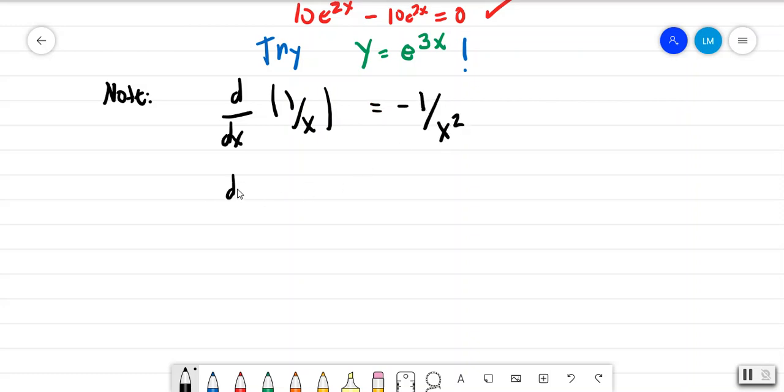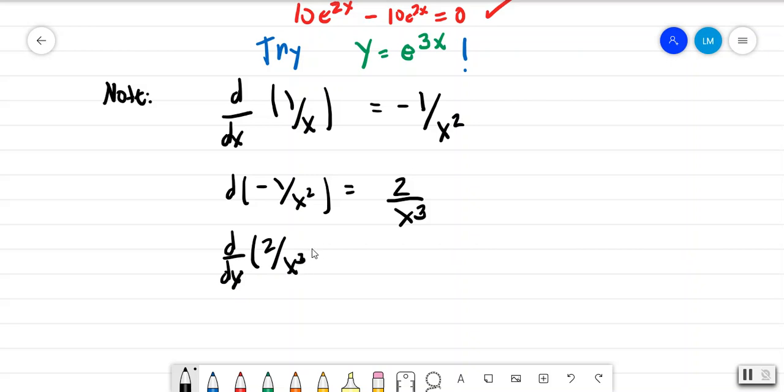Then if you take the derivative again, this gives you positive 2 over x cubed. If I take the derivative again, the derivative of 2 over x cubed is going to be negative 6 over x to the fourth power.